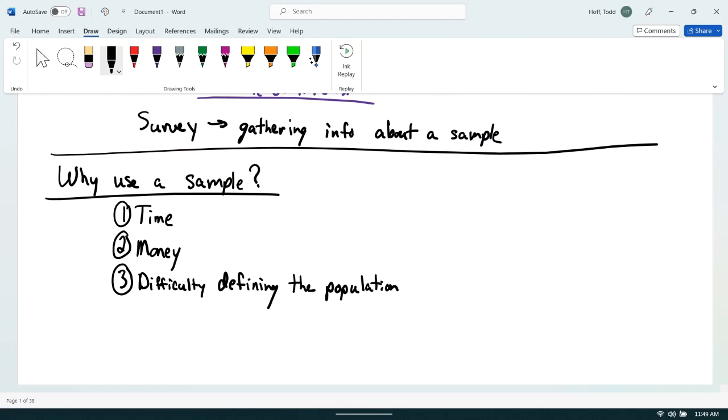Well, if you ask somebody, hey, are you going to vote in the next election? And they say no, and so we decide they're not in our population, so we don't include them in our sample, but then something happens over the next several days before the election happens, and it gets them excited, they decide they're going to vote. Well, now we had an incorrect population. We didn't include them even though they should have been in that population.